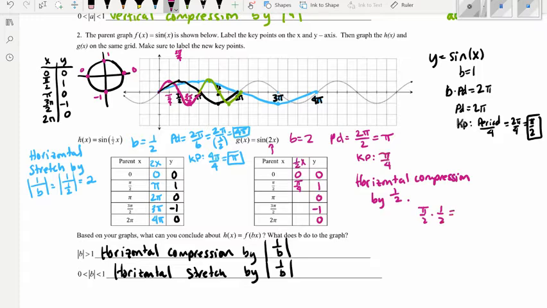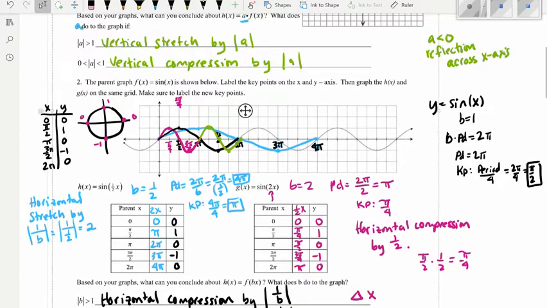Multiply straight across, you get pi over 4. 1/2 times pi would be pi over 2. 3 pi over 4, and then pi. So notice that our new points are 0, 0, pi over 4, 1, pi over 2, 0, 3 pi over 4, -1, pi, 0. Our y values stayed the same for both of them, but our x values changed. So we changed the x values when we're doing horizontal movements.